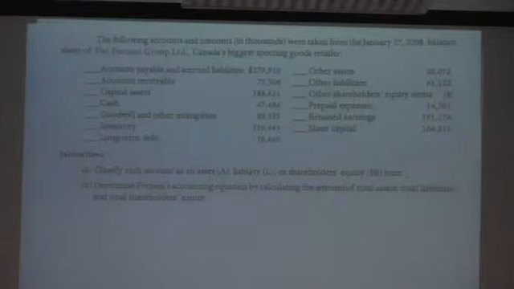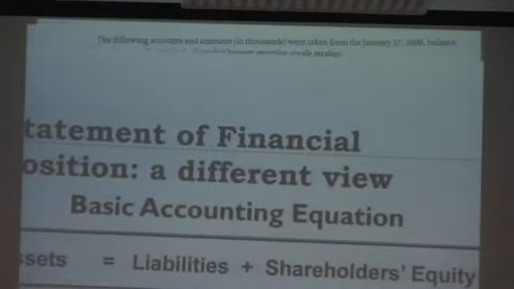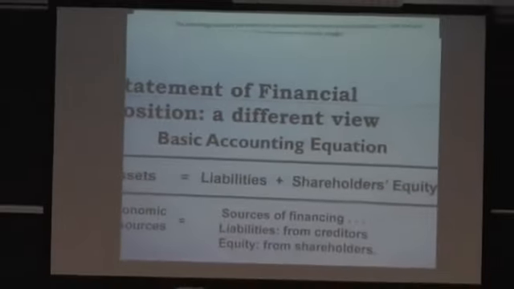Then part B asks us to use the accounting equation by calculating the amount of assets, liabilities, and shareholders' equity. So it's asking us to use the basic accounting equation, which shows the financial position of a particular company.